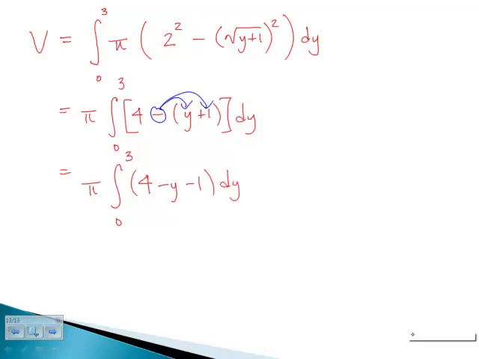At this point, you can go straight to the graphing utility to compute the volume of the solid. We will compute the antiderivative from 0 to 3 of 4 minus y minus 1. When we get the answer, we will multiply it by pi, and that will give us the final volume.